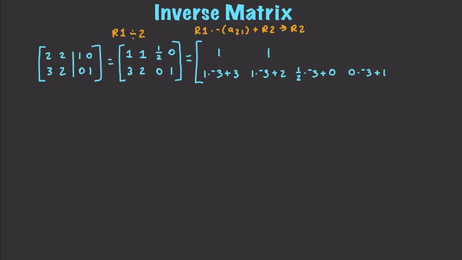This, of course, stays 1. This is going to stay 1/2. And this is going to be a 0. And if we do all of that, what is that going to give us? That's going to give us a value of 1, another 1, a 1/2, a 0, a 0, a negative 1, a negative 3 over 2, and a 1.